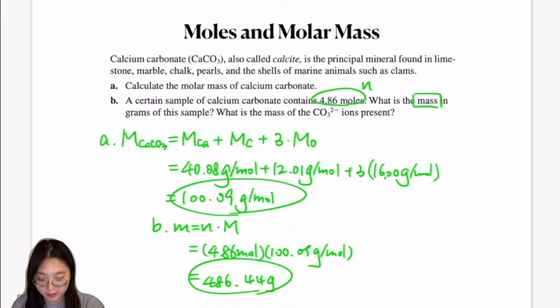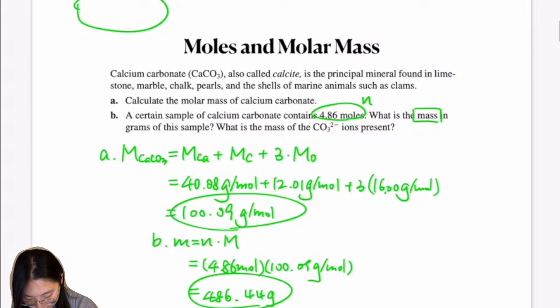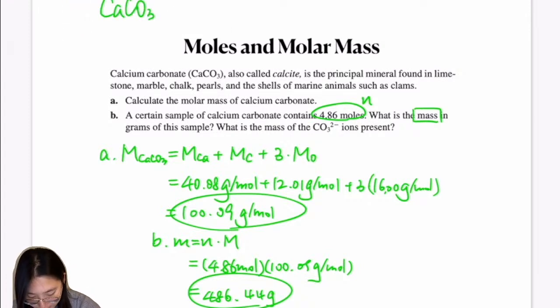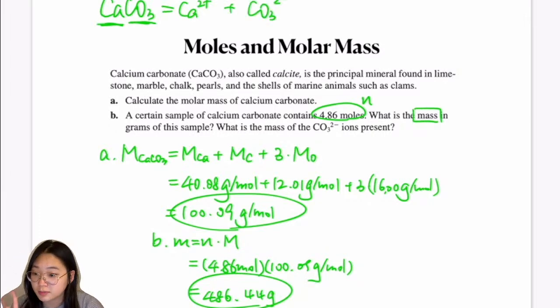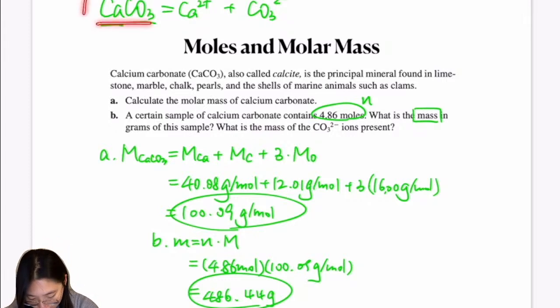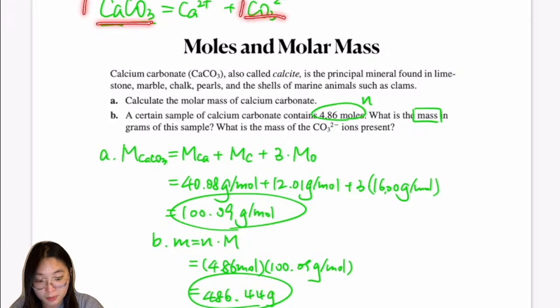This is actually the mathematical part. Think of every single calcium carbonate molecule. Each one consists of one calcium and one carbonate ion. So for every one calcium carbonate molecule, there is one carbonate ion.